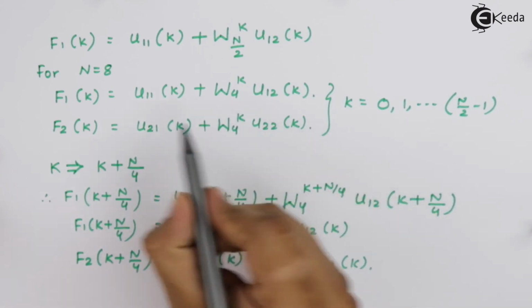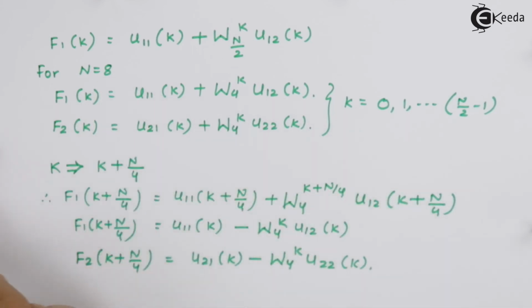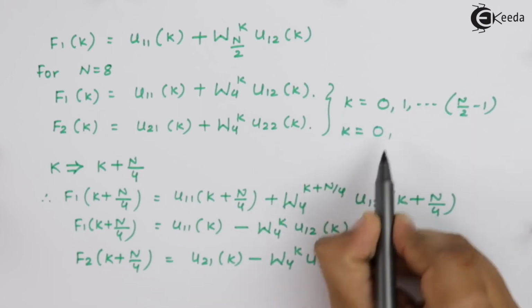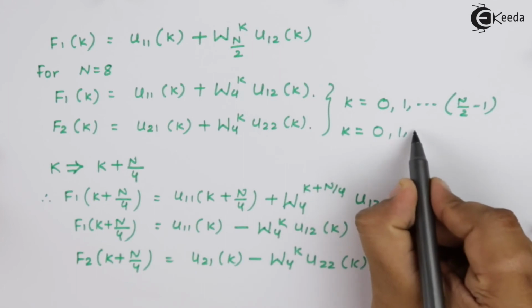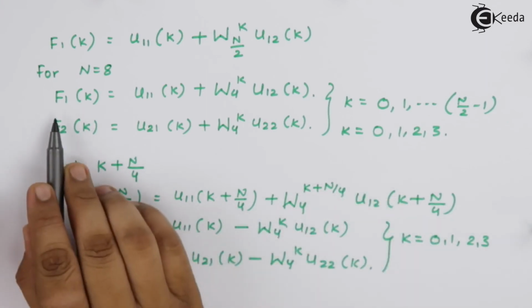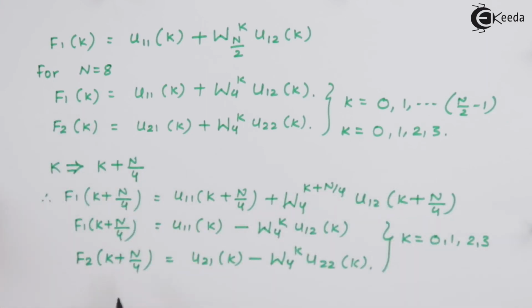Which means if the n value is 8, we can calculate our sample values of k from 0 to 3 only. We will do the same thing in the next part. So here also my k value starts from 0 and ends at 3. Now we will substitute all the k values in my first part as well as my second part, and from that I will draw the next butterfly diagram.